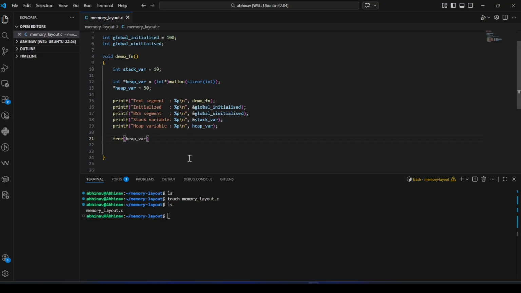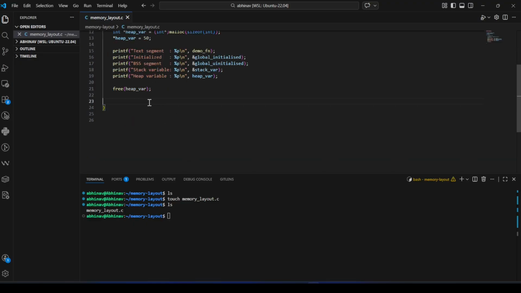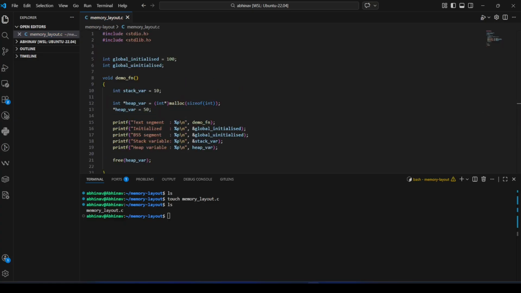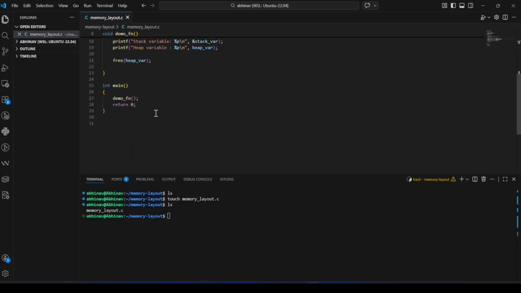This is done in the function, and then let's write the main function. We'll call the demo function here and simply return from main. So we have this C code ready.